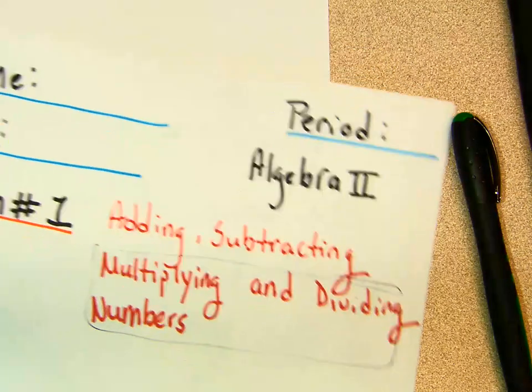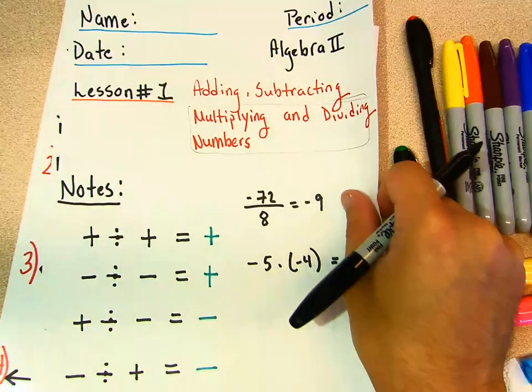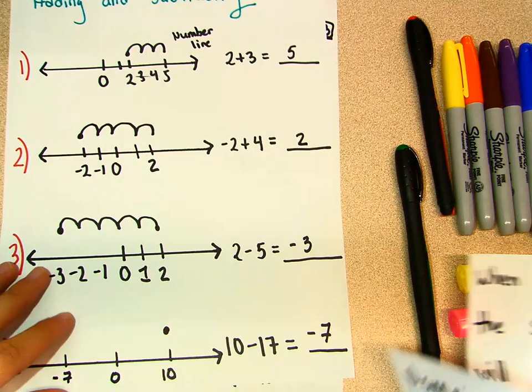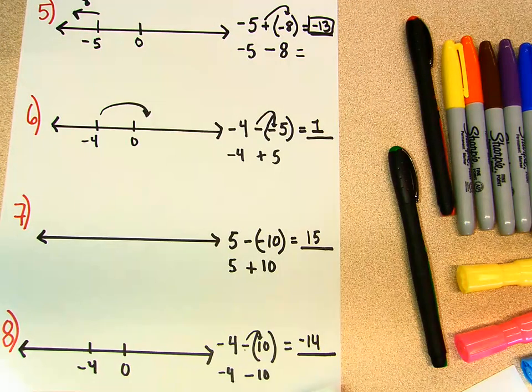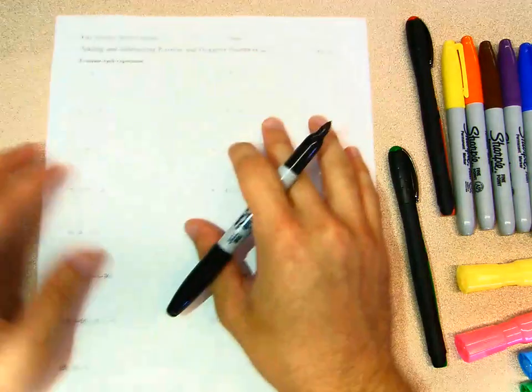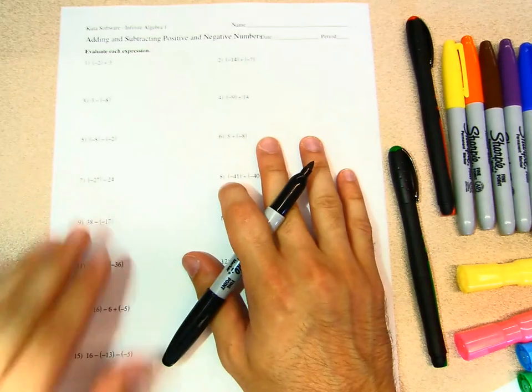Go from the beginning, review your notes, look at the example questions, and then try and solve all of these questions for today. Okay? If you have any questions, let me know. Good job.